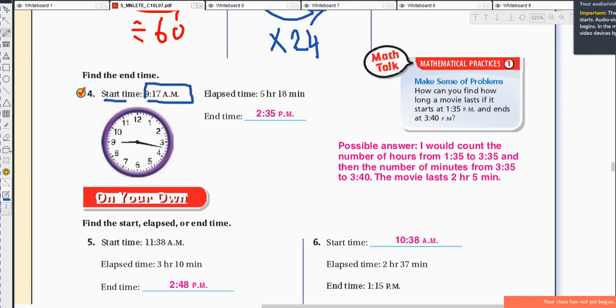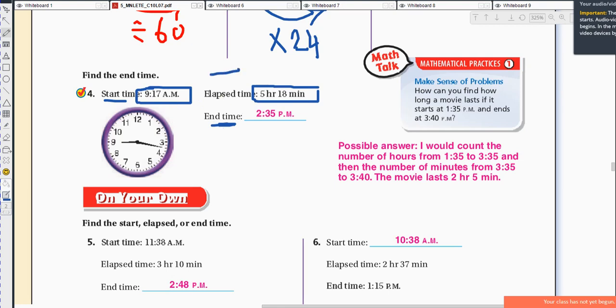Okay, next example we have start time 9:17 a.m. Elapsed time 5 hours and 18 minutes. So end time equal what? Now we have to add because we have start time and elapsed time. So he asked me about end time.